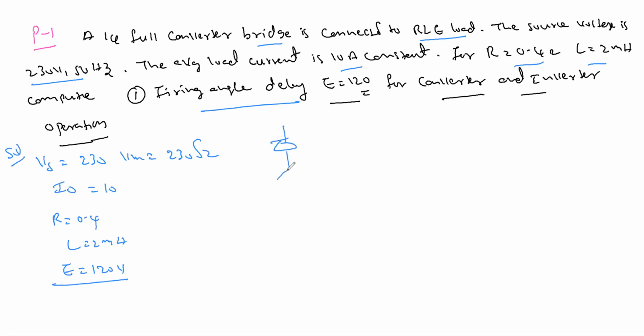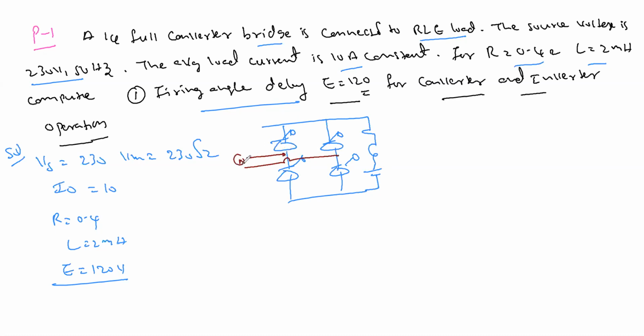Let me show the picture then so that you'll get something. V0. So I told you already I have given V0, which is equal to I naught R plus E. This is for converter.